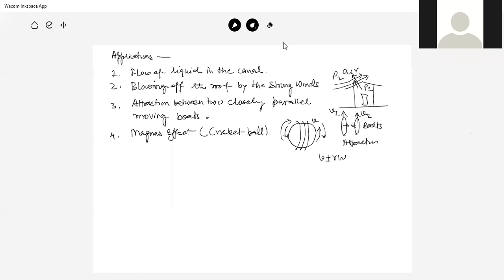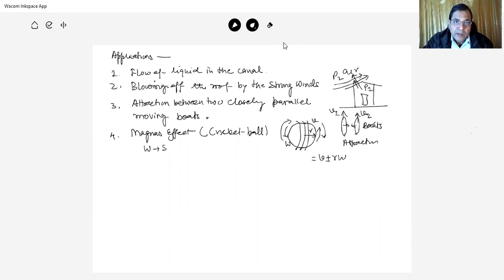Omega is the spin, and here it is the radius, so V plus minus R omega is the effective velocity, and this makes the total velocity. That is, omega is the spinning velocity.